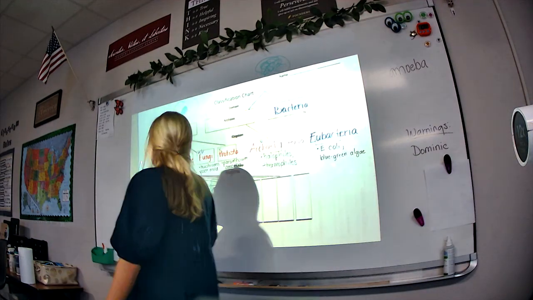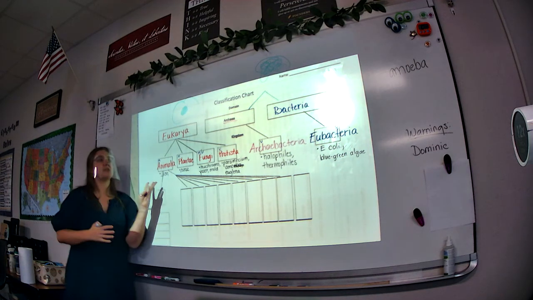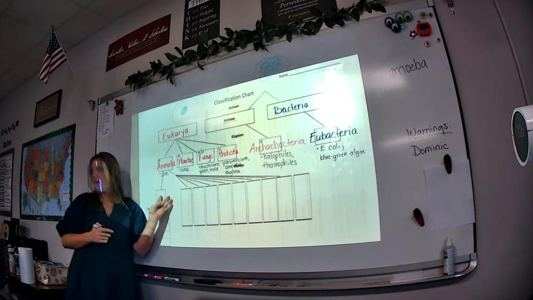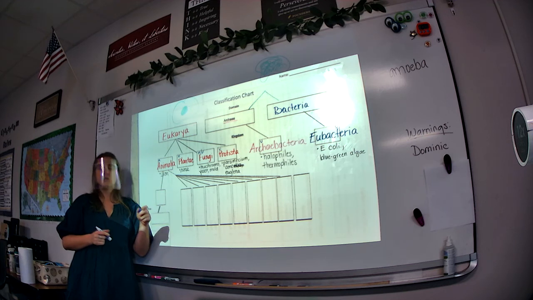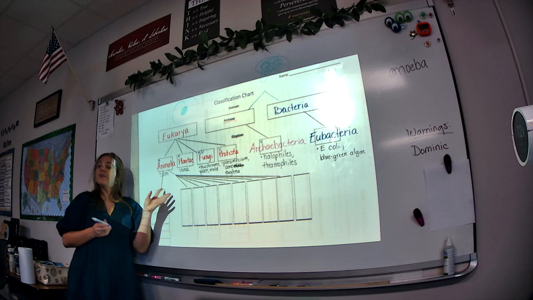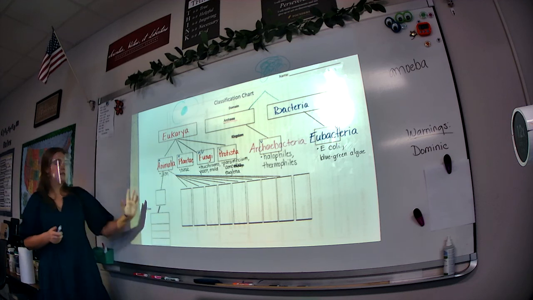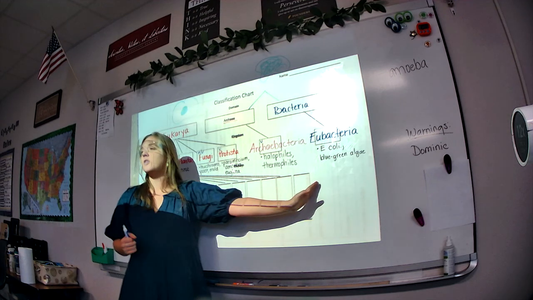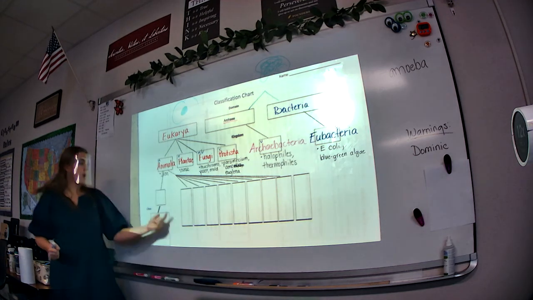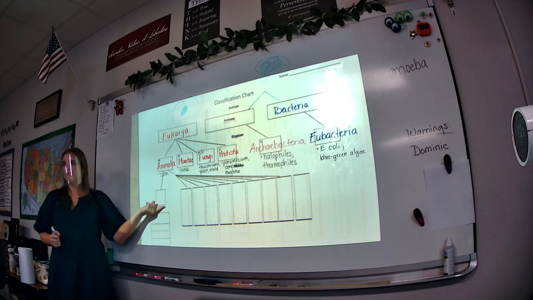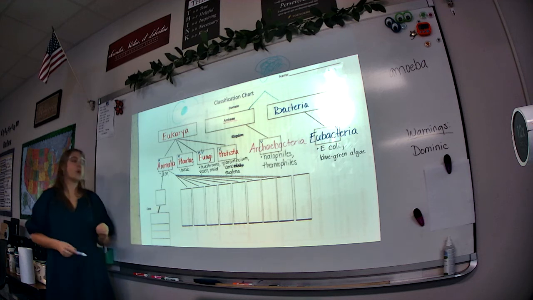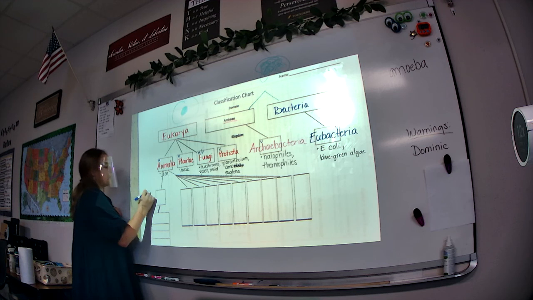From tomorrow, we're going to start looking at the different phyla. The different phyla for animals. Now, these are all the different phyla for invertebrate animals. There is only one phyla group for vertebrate animals. We're going to talk about that tomorrow, but right now, I want you to make two little brackets.